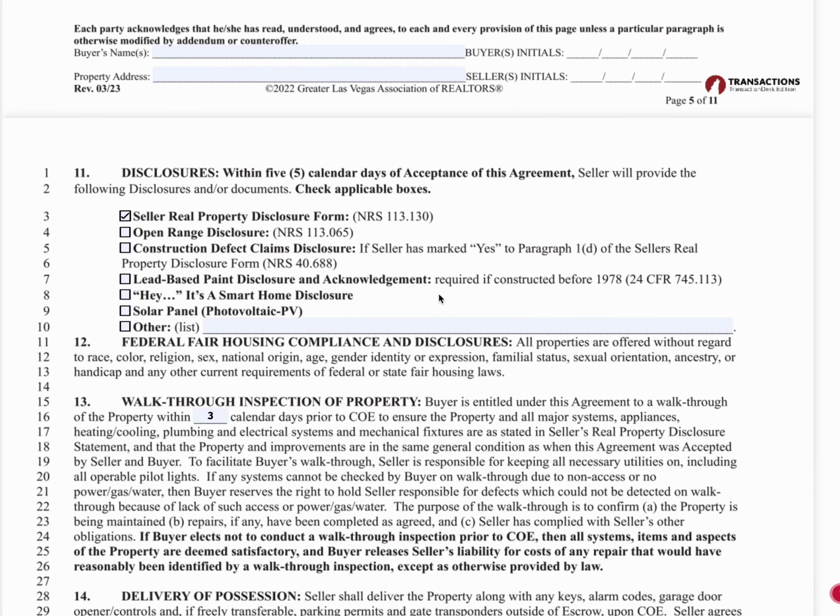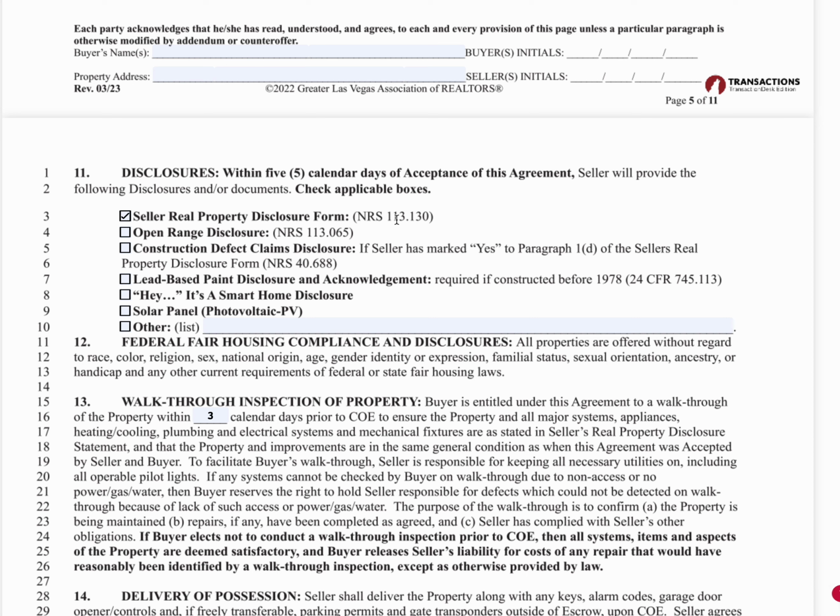Okay, so then seller's real property disclosure, that is a form that you would be getting within usually about 5 days once we open escrow. Again, opening escrow means that the seller agreed to your offer or counter offers, or that we've made an agreement. Seller's real property disclosure will indicate any issues that they had while living at the property.